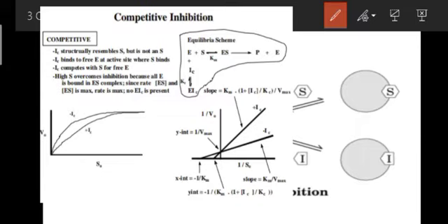When substrate far exceeds the inhibitor, and there is a very common question which comes in examinations, that is, with a competitive inhibitor the reaction can eventually reach its normal Vmax, but it takes a higher concentration of substrate to get there. In other words, Vmax is unchanged, but the apparent Km is higher.